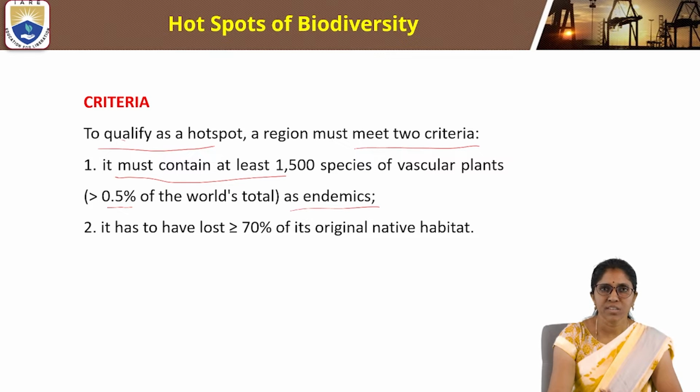To qualify as a hotspot, a region must meet two criteria. First, it must contain at least 1500 species of vascular plants as endemics.